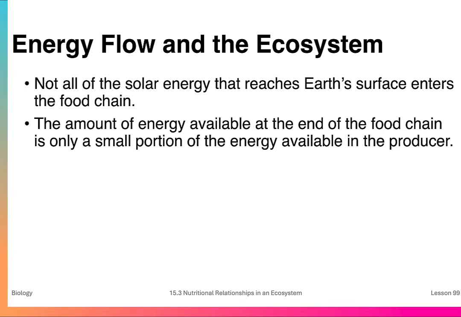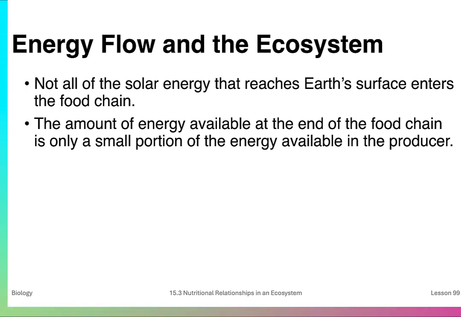So what that means is, and I'll show you this in a diagram as well, as you move through the trophic levels or as you move up the food chain, energy is lost. And so you start with a large amount. First of all, you start with the solar energy, and then only a portion of that is captured by the producers.